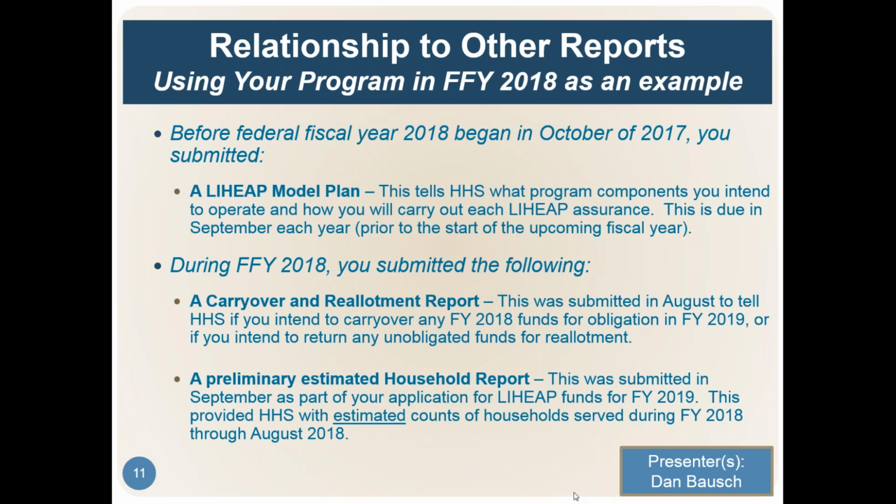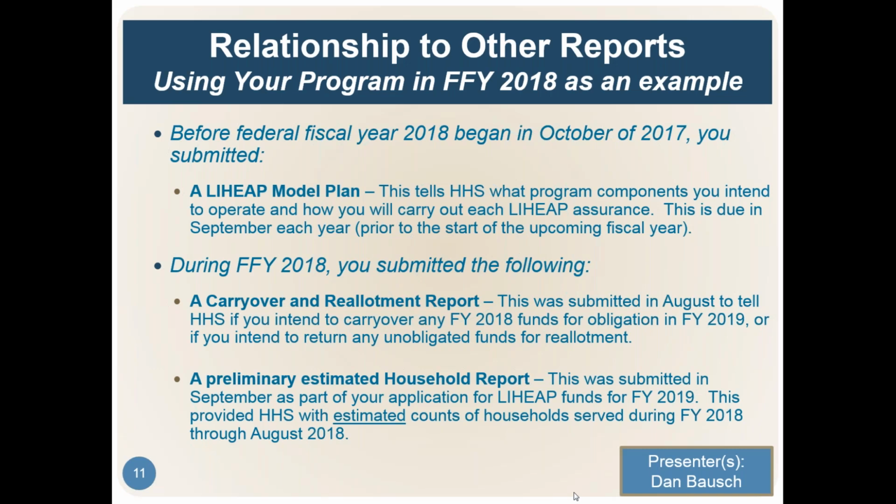Then during federal fiscal year 2018, there were two reports that you were asked to submit. The carryover and reallotment report is generally in the summer, and in that report you indicate to HHS if you're intending to carry over any of your funds for obligation in the next fiscal year, or if you intend to return any unobligated funds for reallotment.